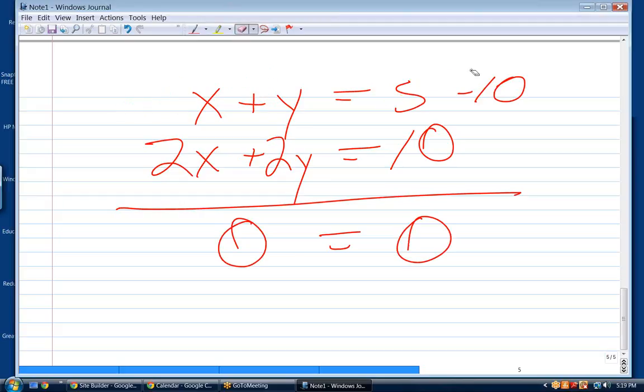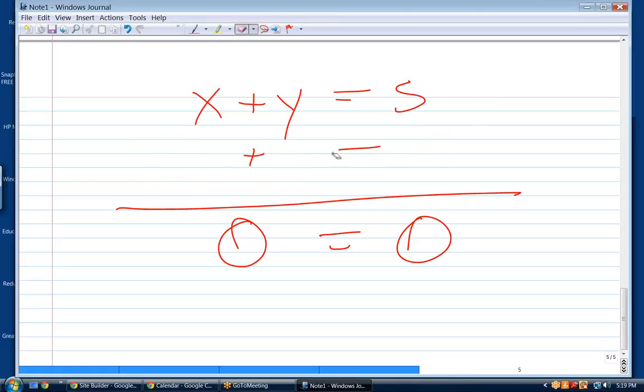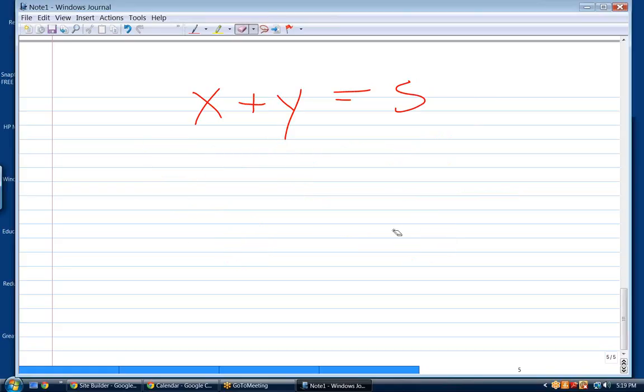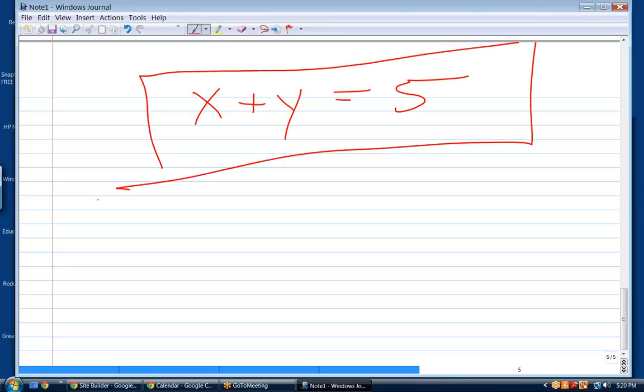In other words, if I just give you one equation and two variables like this, notice that x could be 1, y could be 4. X could be 2, y could be 3. X could be minus 1, and y could be 6. In other words, I can go on forever. There are an infinite number of solutions to one equation and two variables. It's a key thing to understand.